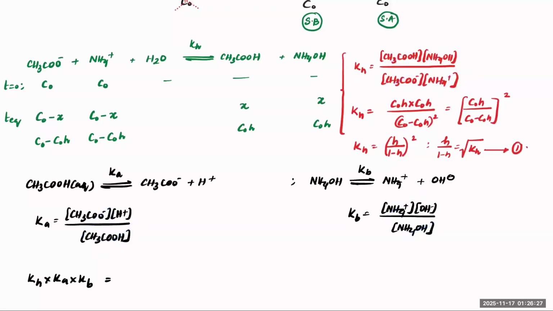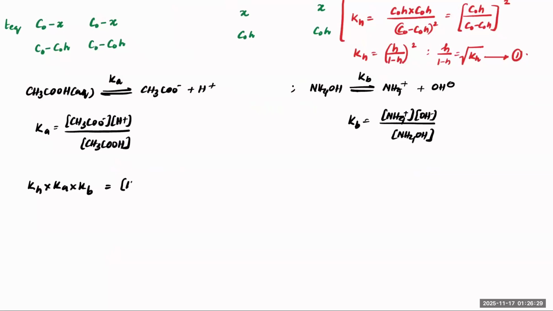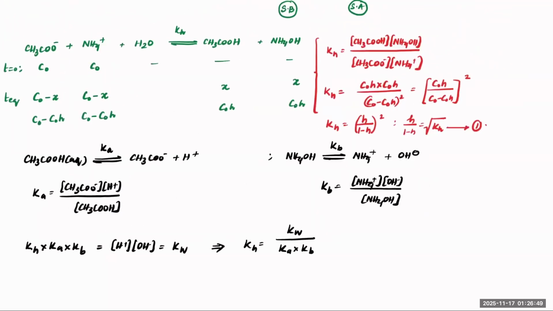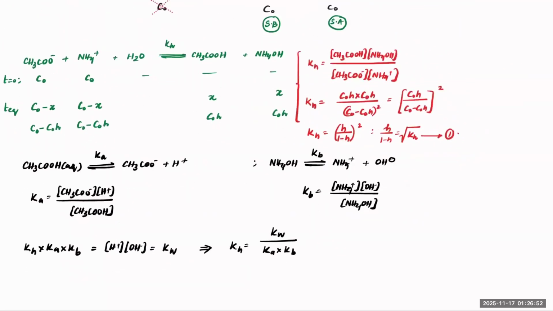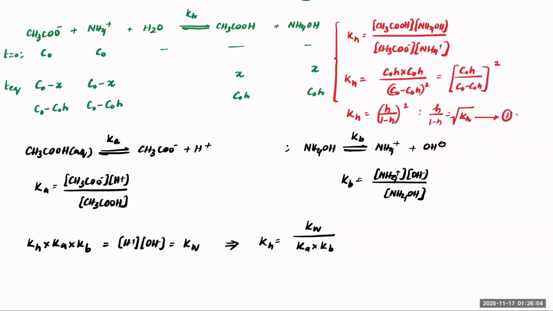So in short, all the terms are getting cancelled except for H plus and OH minus, and for that we call this as Kw. Which means KH for a weak acid, weak base combined salt will be such that KH into Ka into Kb is Kw. Okay, this is what you will get. KH value will be equal to Kw by Ka into Kb.